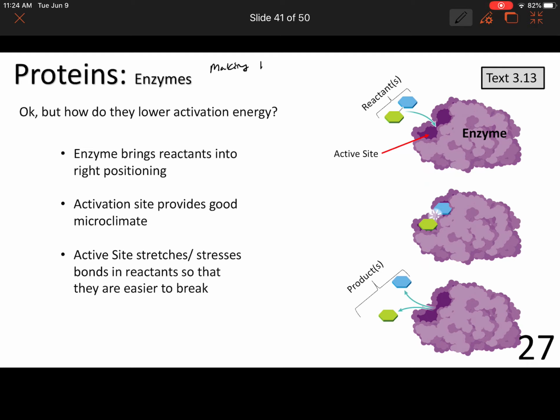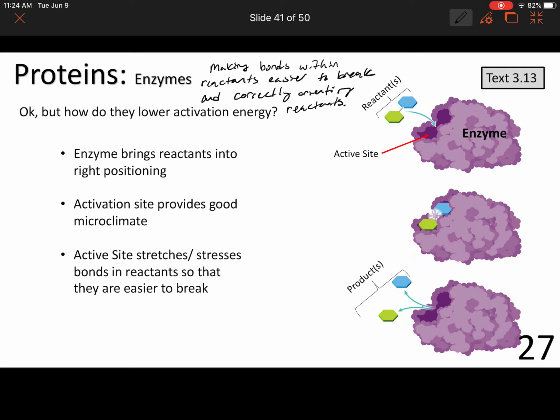Well, the general overview is that they decrease the activation energy by making bonds within reactants easier to break and correctly orienting reactants.